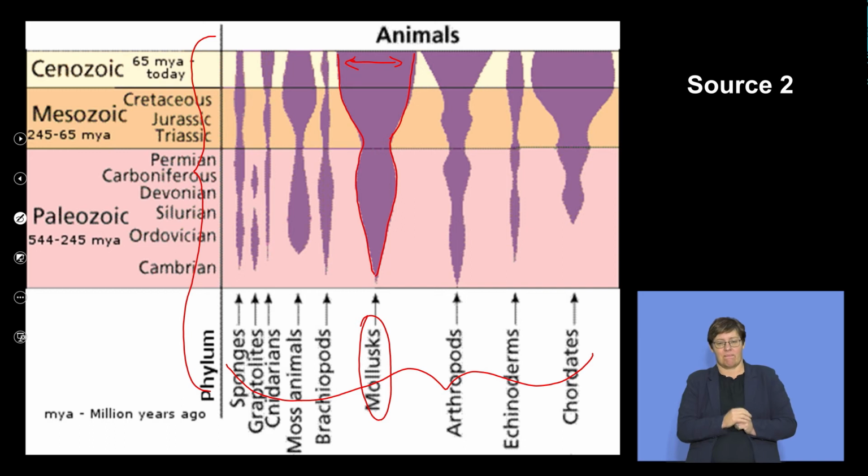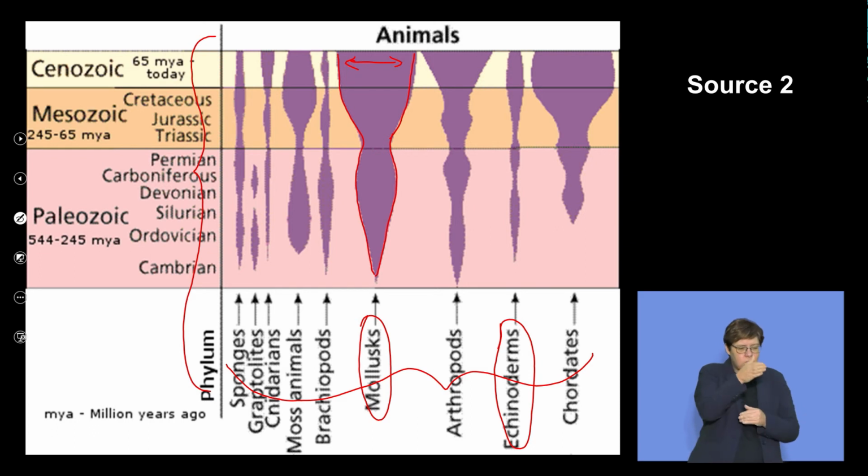If we have a look here, echinoderms, those are sea urchins, and there are not a lot of different types of that. Okay, so it's looking at how many animals of each different type existed. And as you'll notice, as we go up the geological time scale, the size of the bars changes.